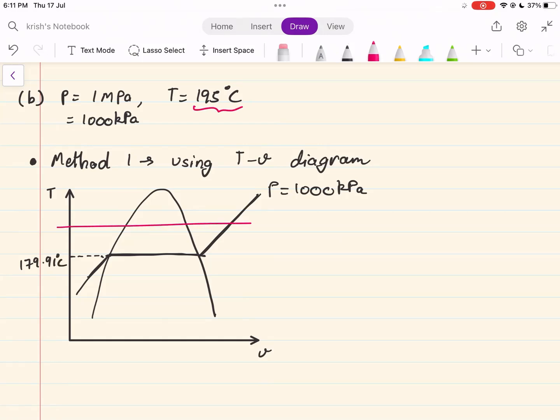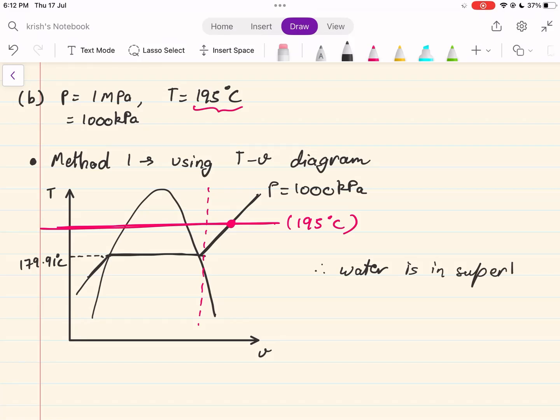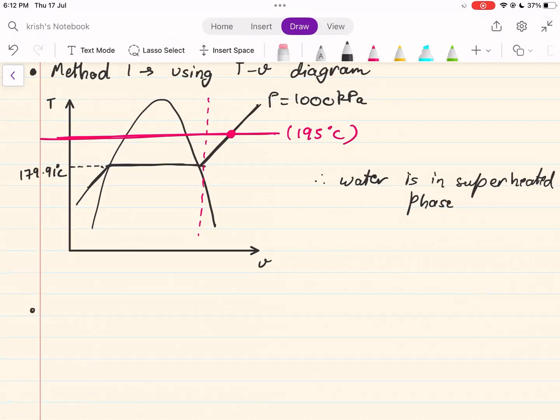However, our given temperature is somewhere over here, 195 degrees Celsius, and the point of intersection clearly lies in the superheated region. Therefore, water is in superheated phase.